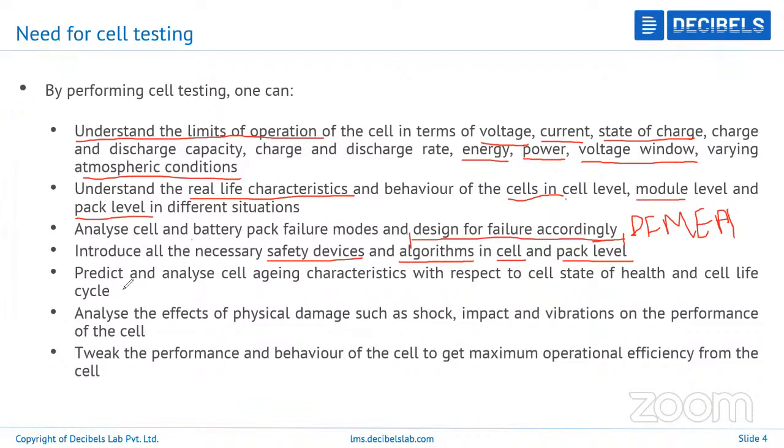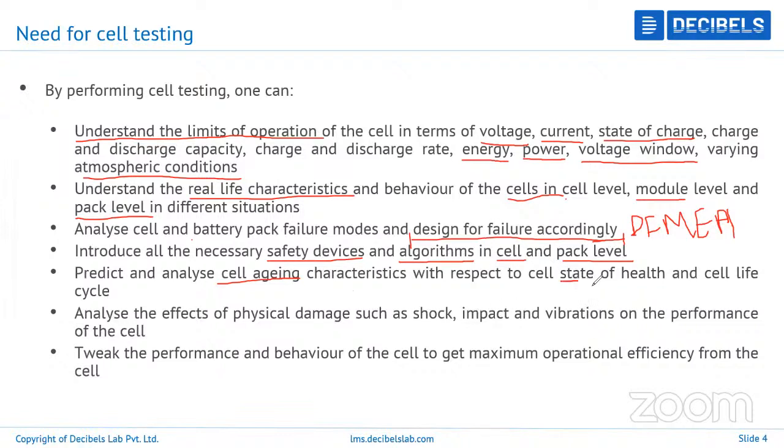Yeah. So the next point, we come to something called cell aging. Basically, cells age upon repeated usage. Over time, you'll see that its ability to give the same amount of power or energy or voltage will not be the same as it was when it was brand new, right? So by performing this cell testing, we can analyze and predict at what point the cell will age, and how long the cell and the battery pack will last, right?